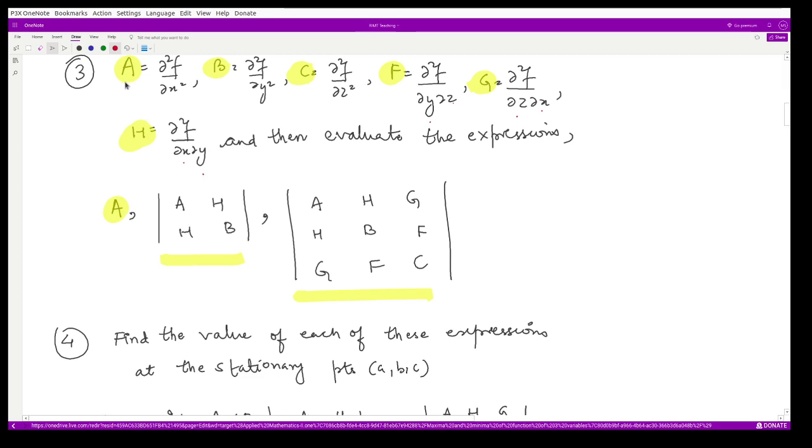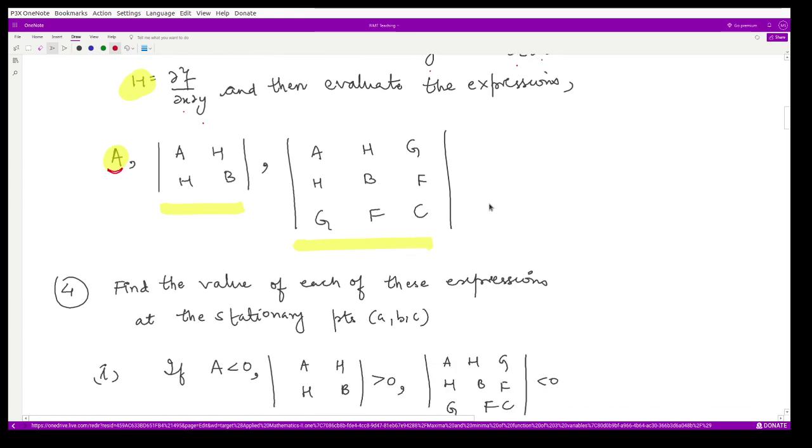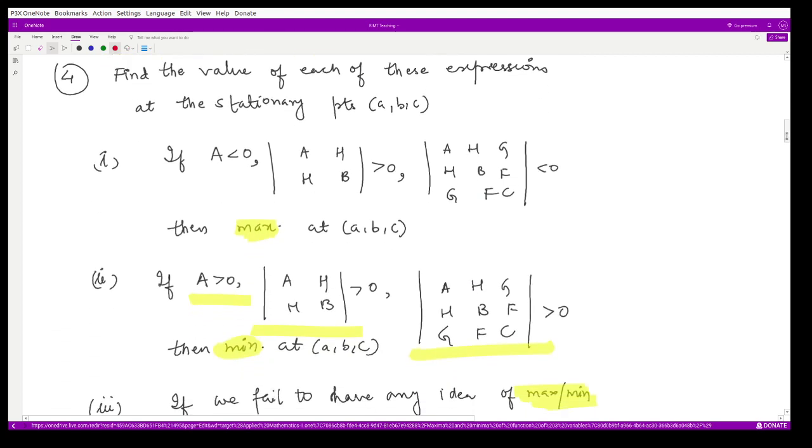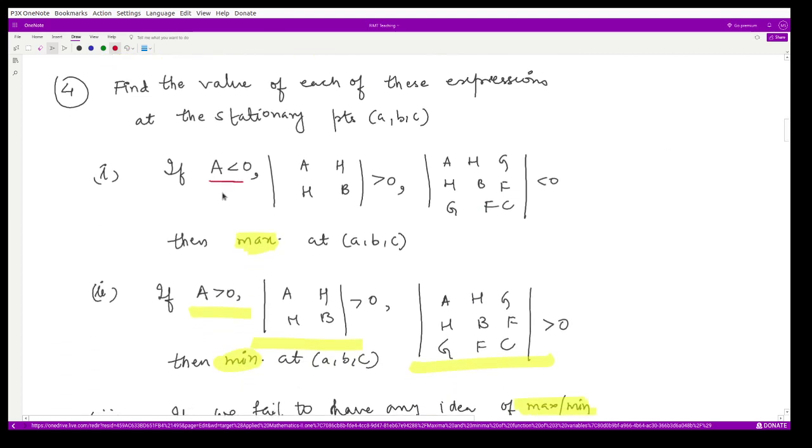By evaluating all these, you will check the signs of A, the 2x2 determinant of A, H, H and B, and the 3x3 determinant of A, H, G, H, B, F, G, F, C. Based on the signs of these expressions, if A and the third order determinant are negative and the second order determinant is positive, then we have a maximum at that particular point.